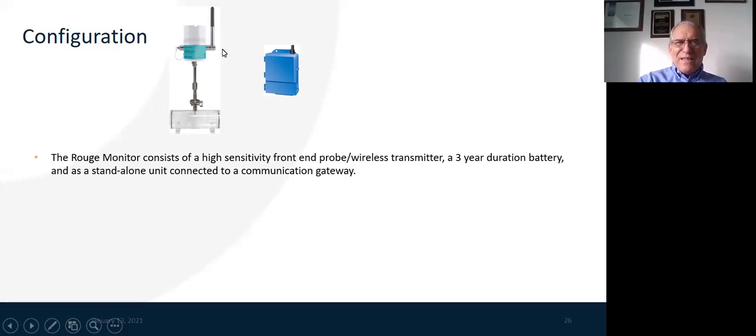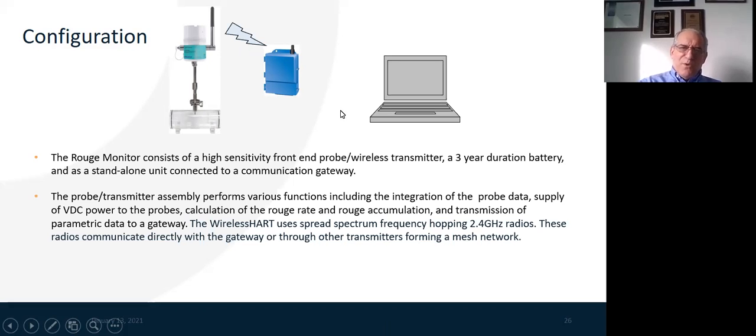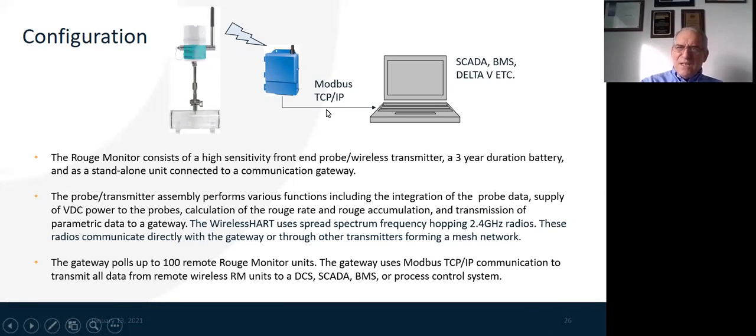It will integrate the data coming in from the wireless unit out in the field and then send that information over to a computer system, whether the computer is standalone or maybe a SCADA system, a Delta V or whatever. There can also be Modbus TCP/IP communication between the gateway and the particular unit.